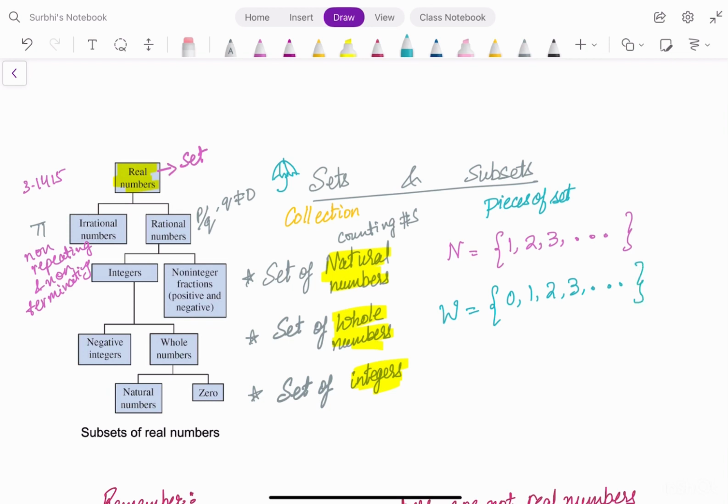Now I can write another set, which is the set of integers. Let's denote it by Z. If you remember, you might have seen a number line. On a number line, we have positive numbers on the right hand side and negative numbers on the left hand side, right? And those two, positive and negative, are separated by a 0. So that is pretty much what the integers are.